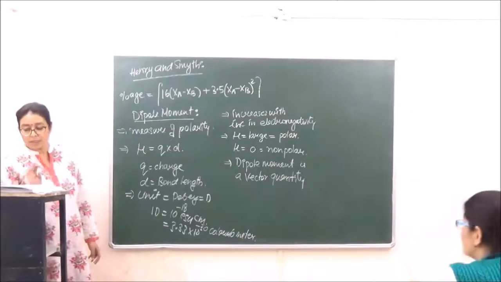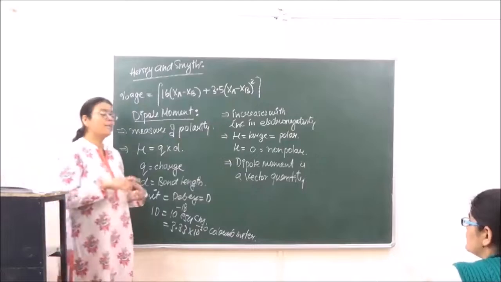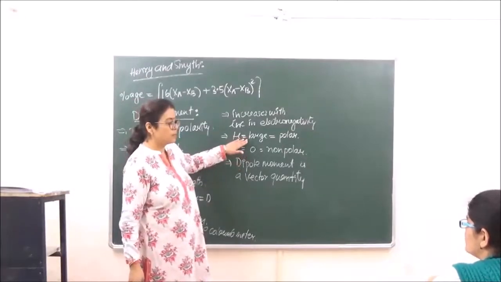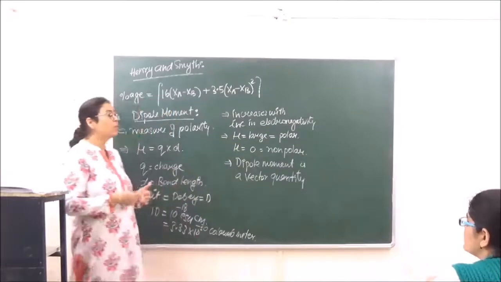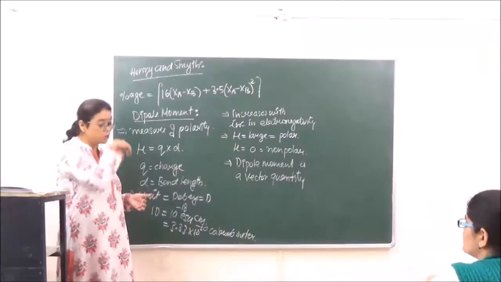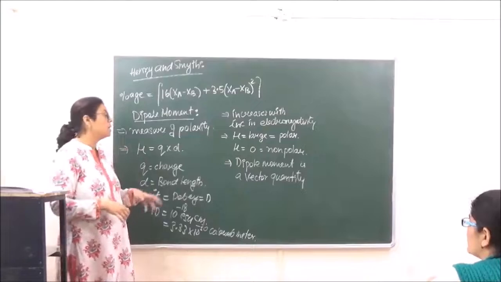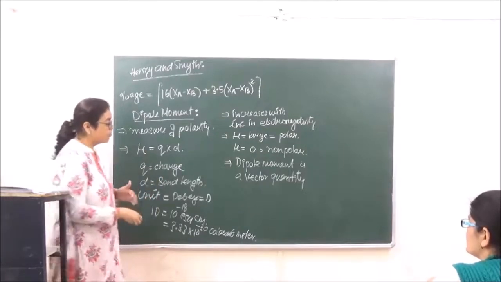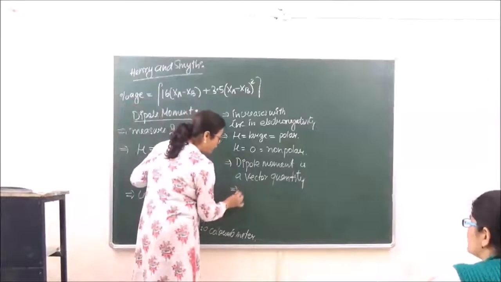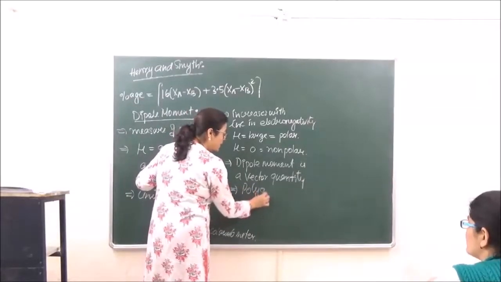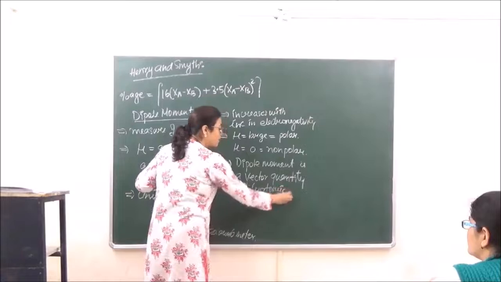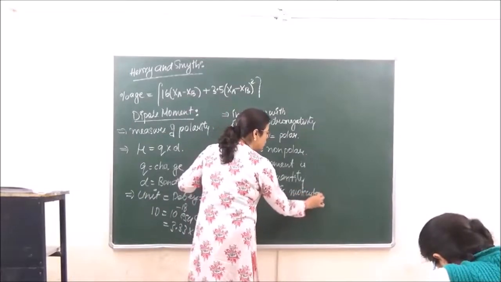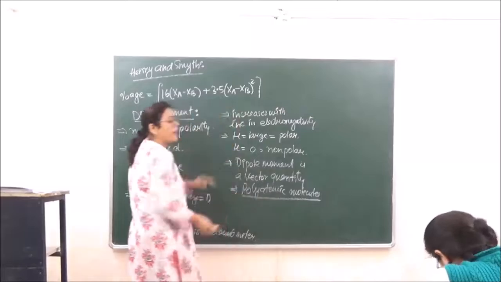So depending upon this, if the overall dipole moment is greater than 0, then those molecules are said to be polar, and if the overall dipole moment is equal to 0, those molecules are said to be non-polar. Why are we talking about the net dipole moment or overall dipole moment? Now over here we are going to discuss polyatomic molecules. Polyatomic molecules are molecules which have more than 2 atoms.